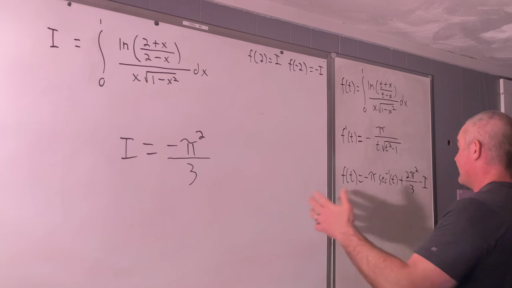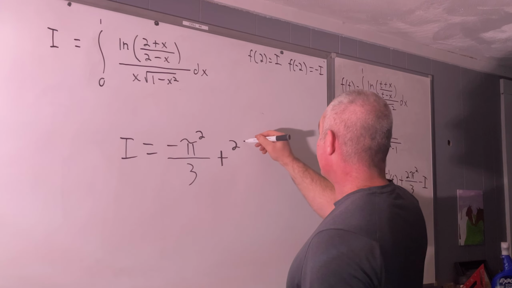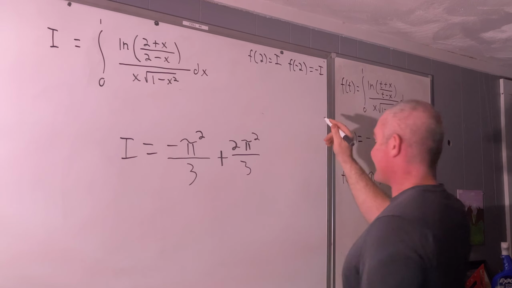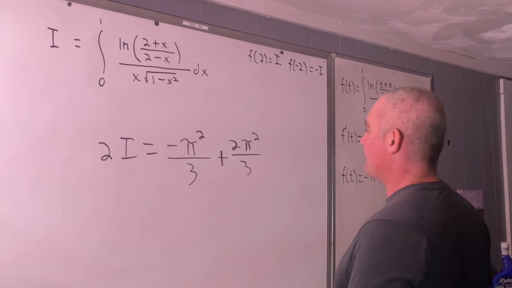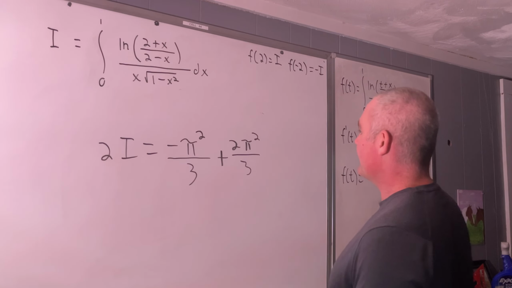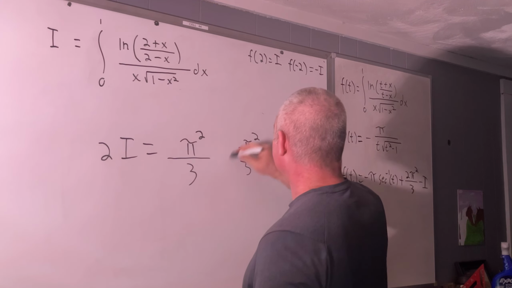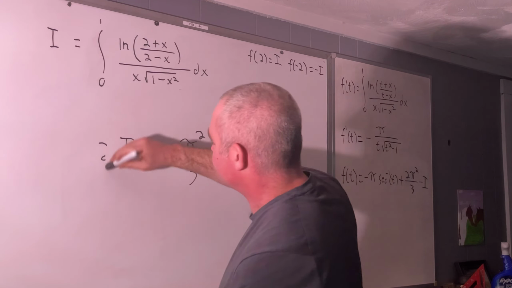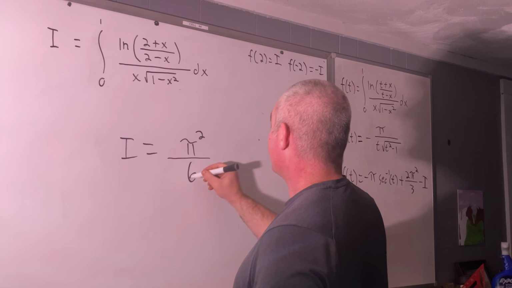So we have minus pi squared over 3 plus 2 pi squared over 3 minus I, but I will bring that over to this side like that. So minus pi squared plus 2 pi squared, that is just pi squared over 3. But that's 2I, so I is equal to pi squared over 6. And that's the answer.